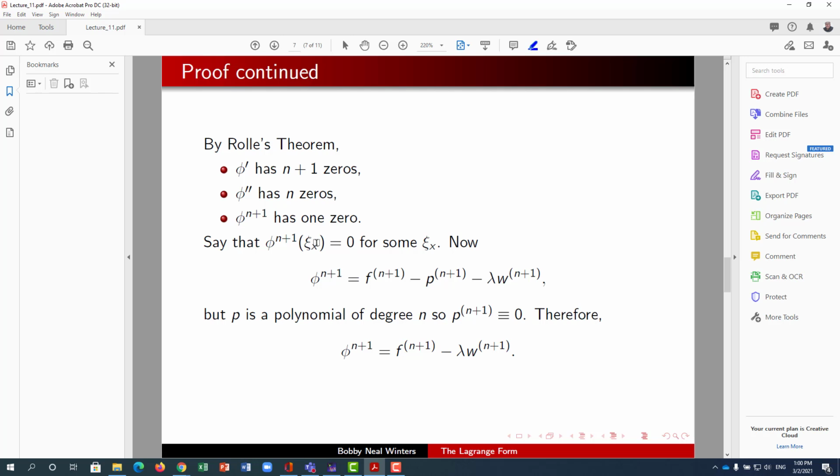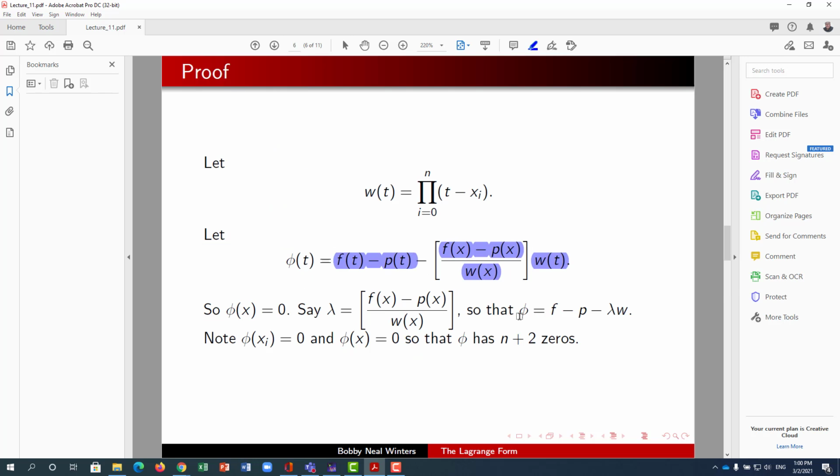Now, let's choose this c sub x so that the n plus first derivative of phi evaluated at c sub x is equal to 0. So that's the magic number. So go back and we have this expression for phi here.